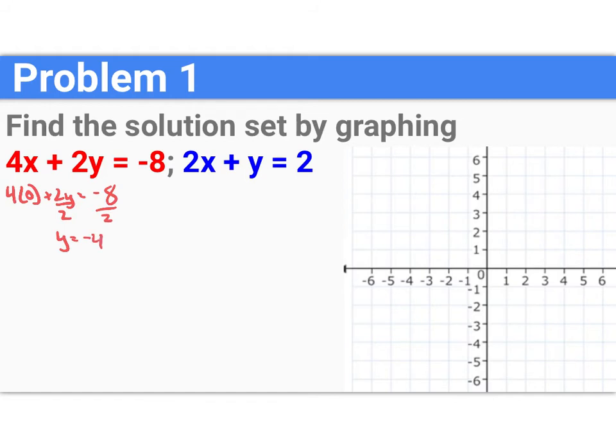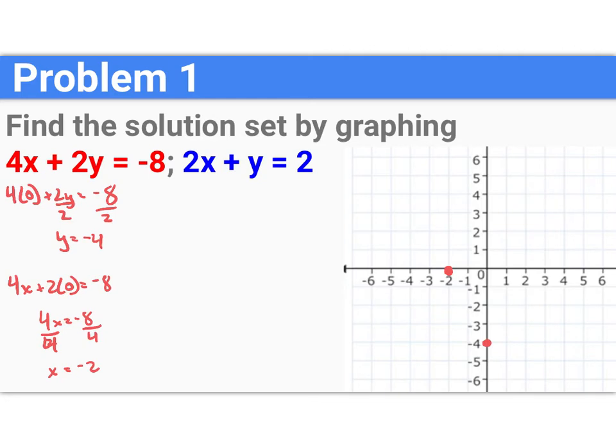So 0 in x, negative 4 in y. Do the opposite. 4x plus 2 times 0 equals negative 8. 4x equals negative 8. Divide by 4. x equals negative 2. So negative 2, 0. So this is our line.